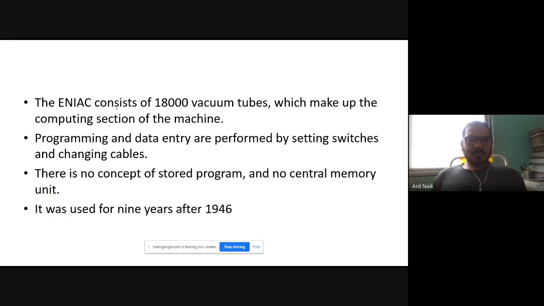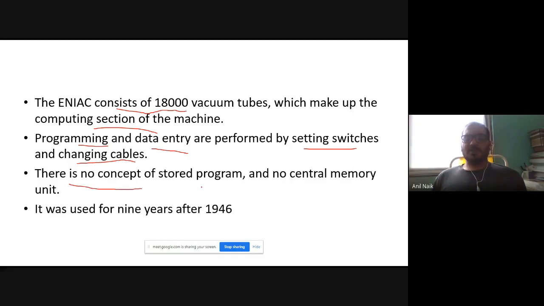So ENIAC consists of around 17,000 vacuum tubes, and there is the computing section of the machine. Programming and data entry are performed by setting switches and changing cables.